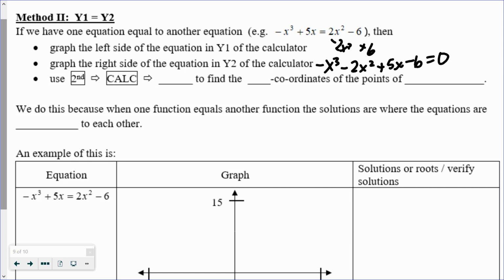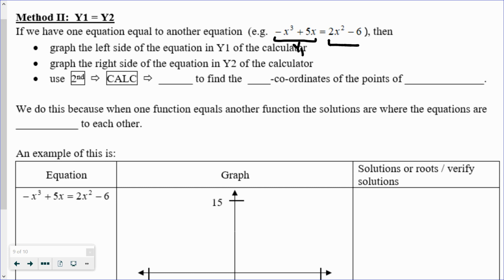I think it's the easiest to set it equal to 0, because this one, if we actually do it the way it's saying, we put this side into y1, and this side into y2, and then trace the points of intersection. So you use second calculate in the TIs.